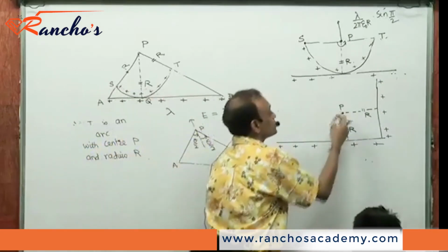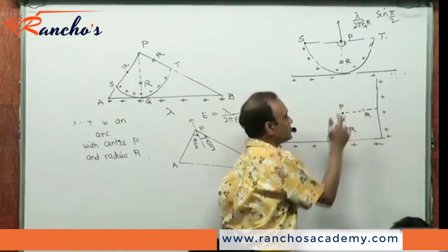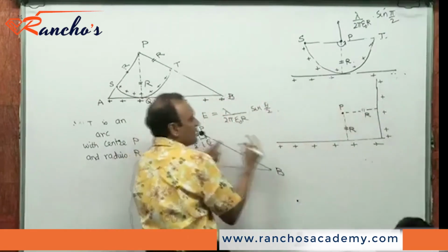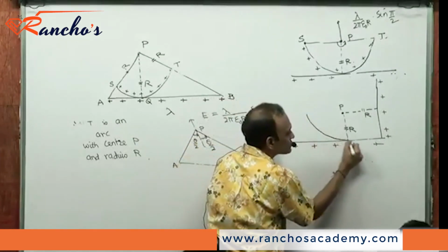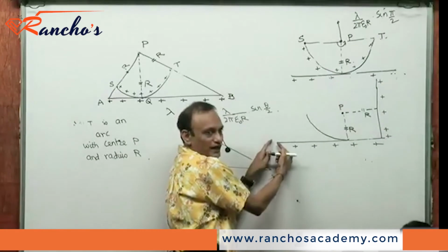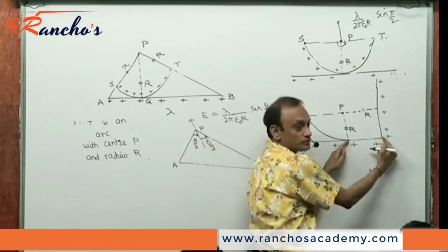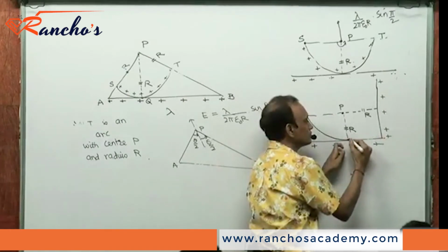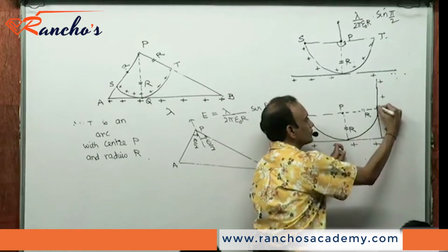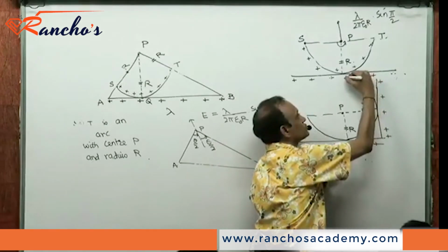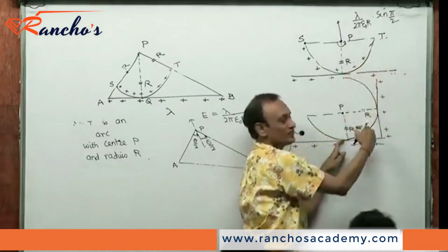What would I do? From this point P, I'll construct the arc of radius r centered at P. Since this point is really far away, the intersection S would give you a quarter of a circle for this portion. And for this portion, it goes this way, yes or no?